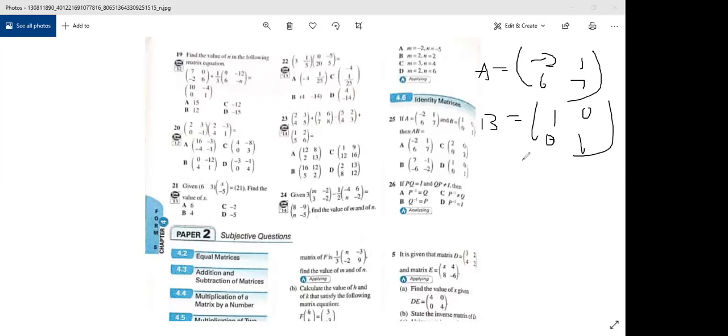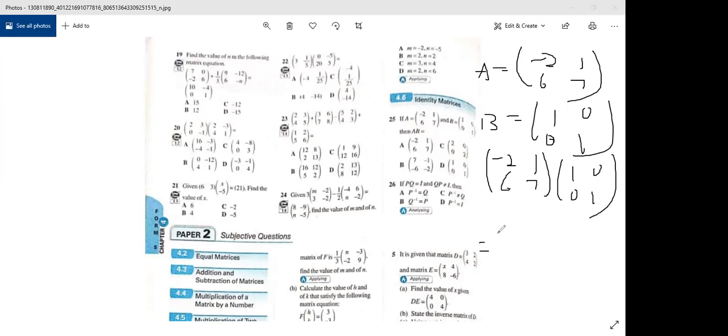Okay, AB. So this is 2 times 2, so the end product must be the same size. So we multiply together, column by column, row by row. So -2, -2, as you can see, 1001.